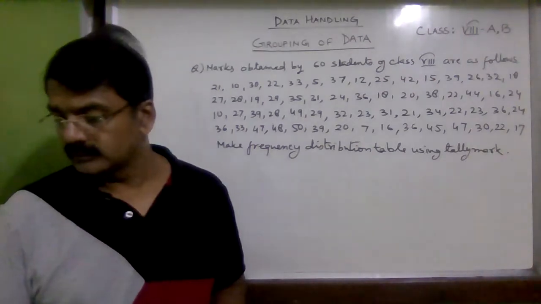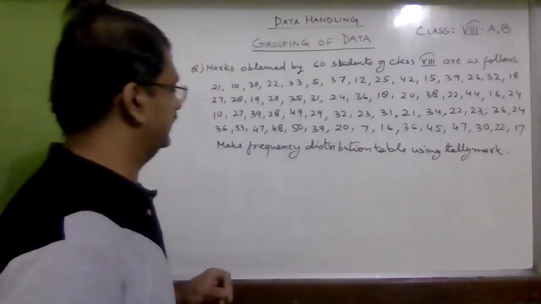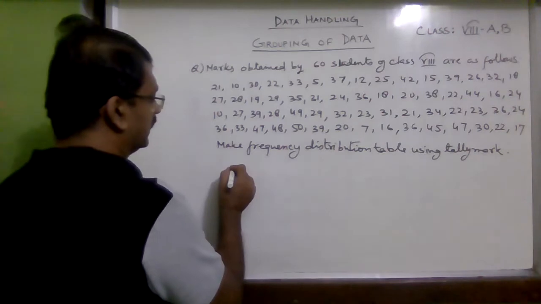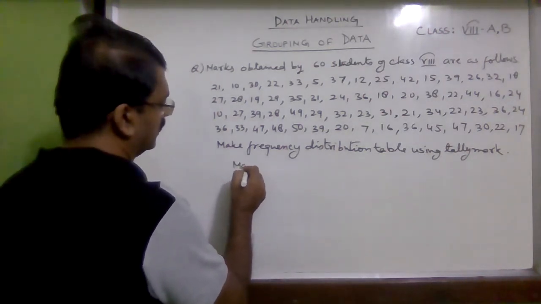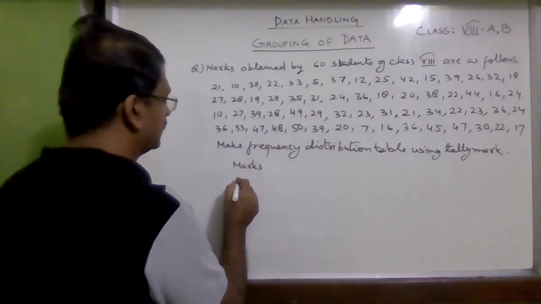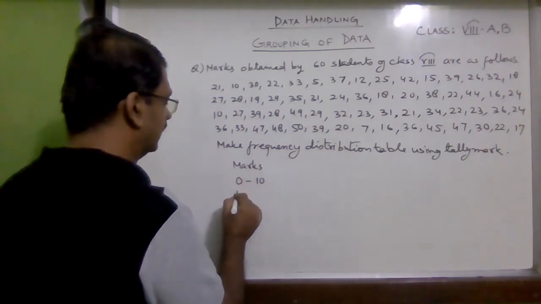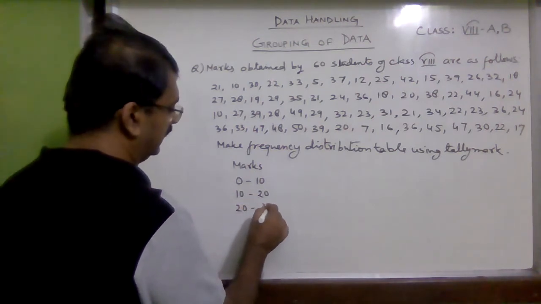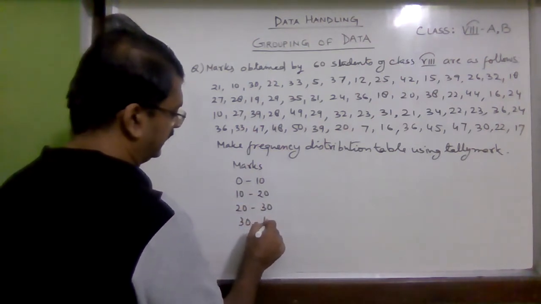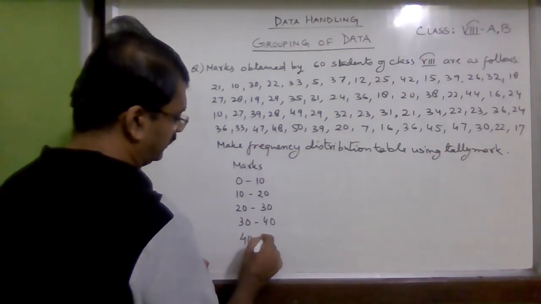Now the groups that you have to make are 0 to 10, then 10 to 20, 20 to 30, 30 to 40, 40 to 50.